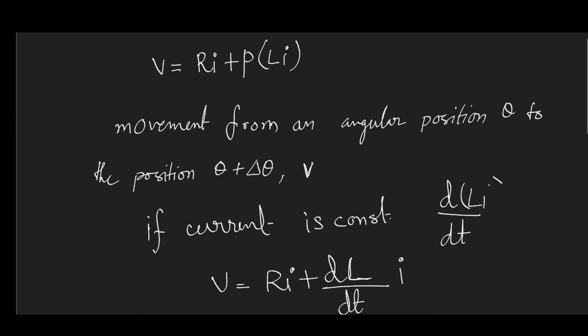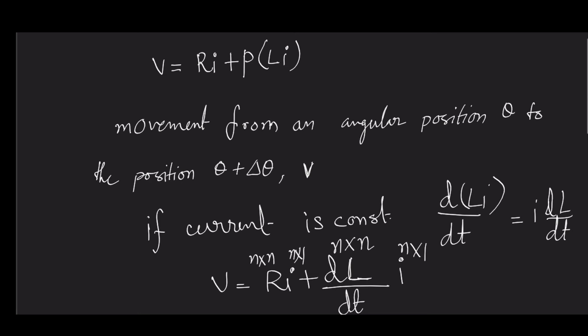We can easily write that it becomes I dL/dt. Do remember here, suppose this one has a dimension n cross n, and this one has a dimension n cross 1.